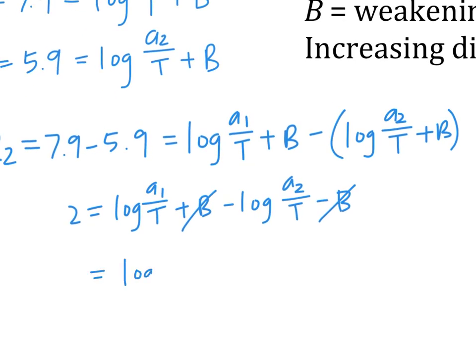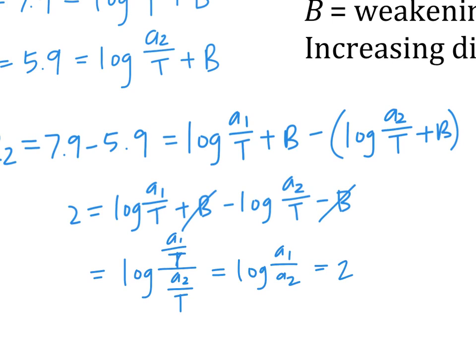So we can say it's log of A1 over T, over A2 over T. And hopefully by this time you can do the reciprocal in your head. So dividing by A2 over T means you flip it and multiply by T over A2. So in your mind you can see that T is going to cancel. So this is just going to be log A1 over A2 equals 2.